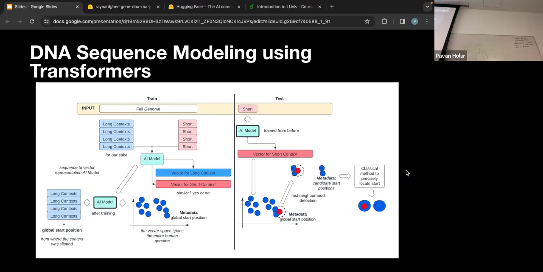Imagine we have 3 million vectors of 768 dimensions in this vector space. Every token embedding is 768 dimensions. When you pool it, take the average, that's also 768 dimensions.